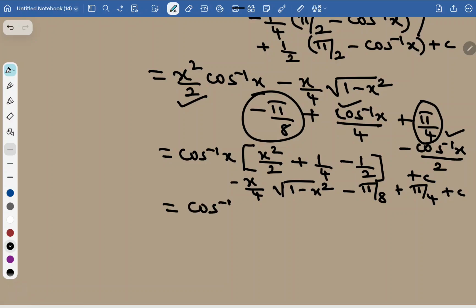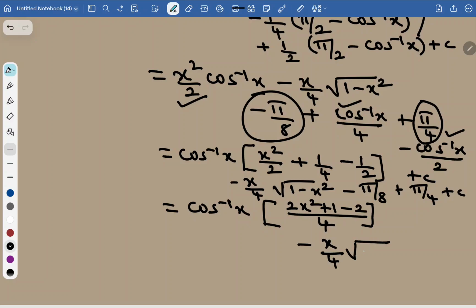What is the final answer? Cos inverse of x, LCM is 4, 2x square plus 1 minus 2, minus x by 4 root of 1 minus x square.